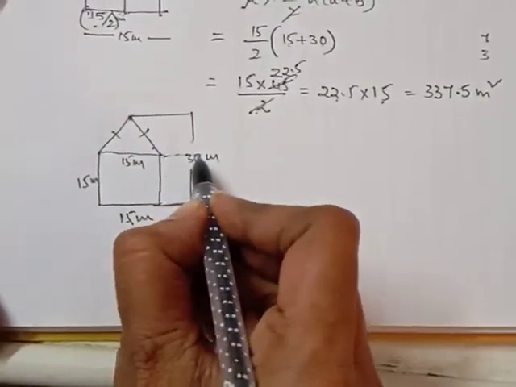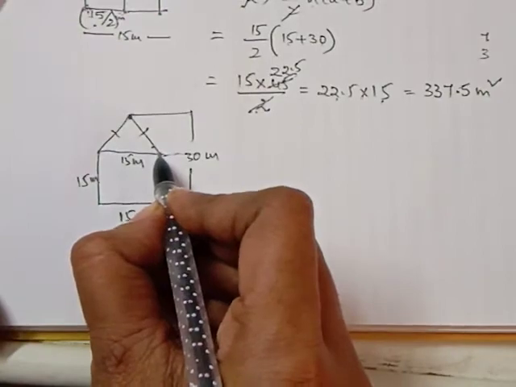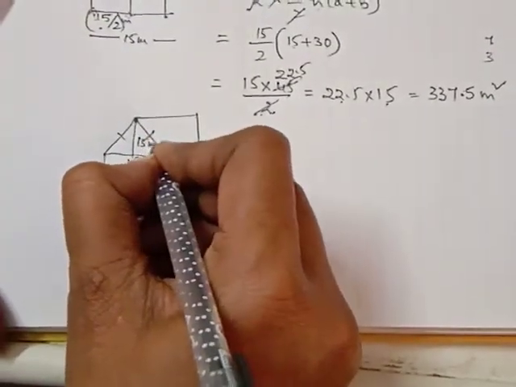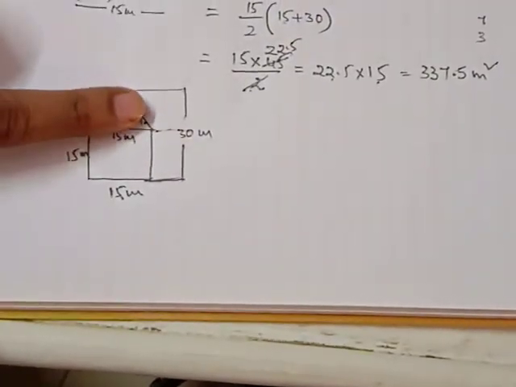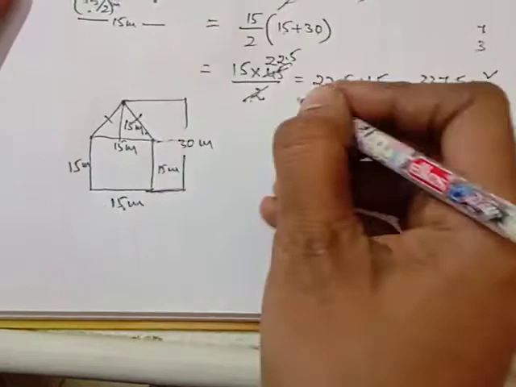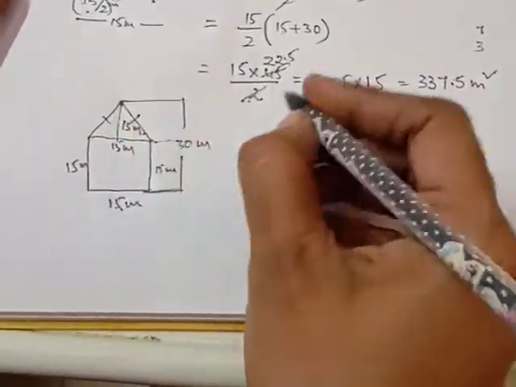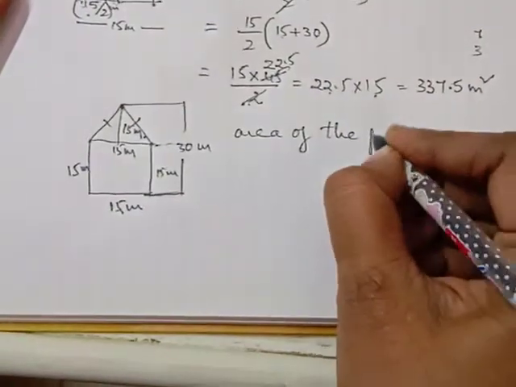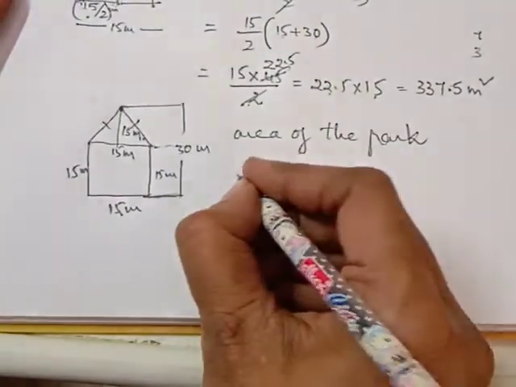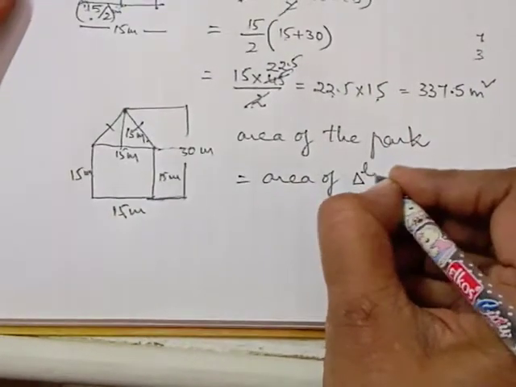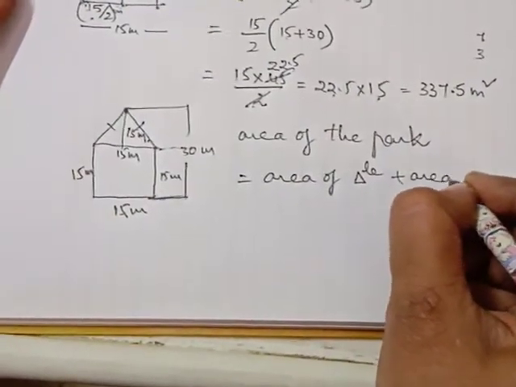And up to here 15, and this height becomes 15 meters. So in Kavita's method, area of the park is equal to area of triangle plus area of square.